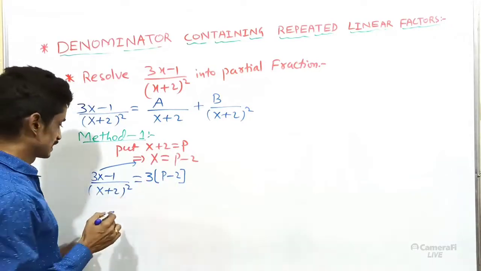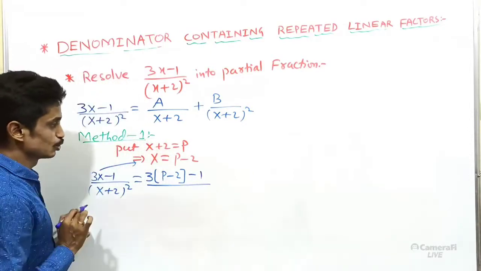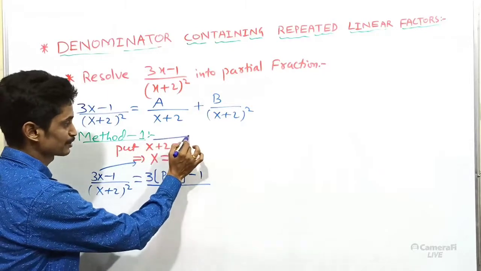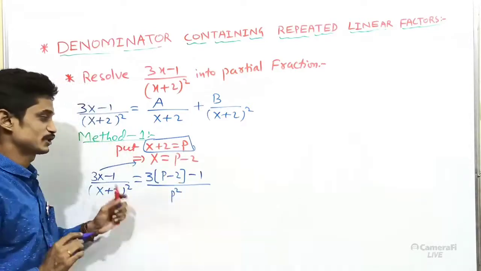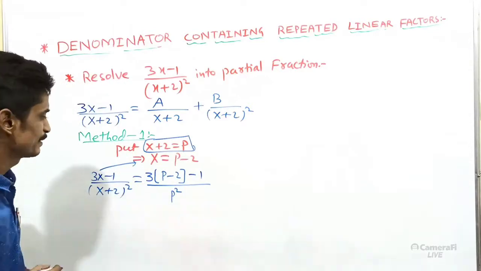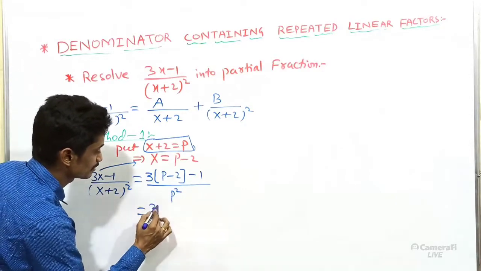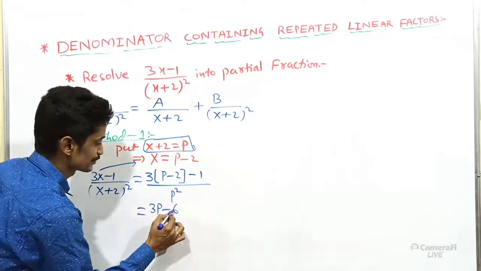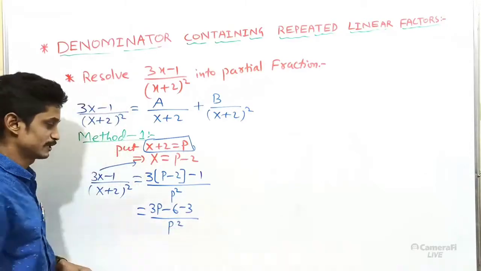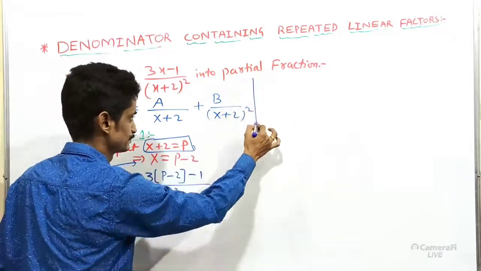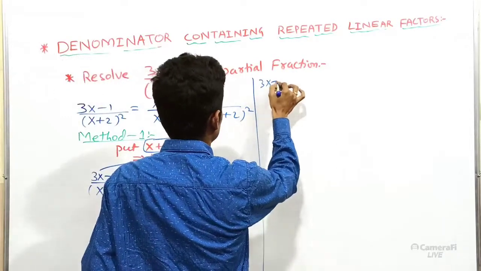After that, minus 1 upon x plus 2 whole square. What is x plus 2? It is p, so I will write here p square. Further simplification is very easy. That will be 3 into p is 3p, 3 into minus 2 is minus 6, minus 1 divided by p square. The constant outside is minus 1.